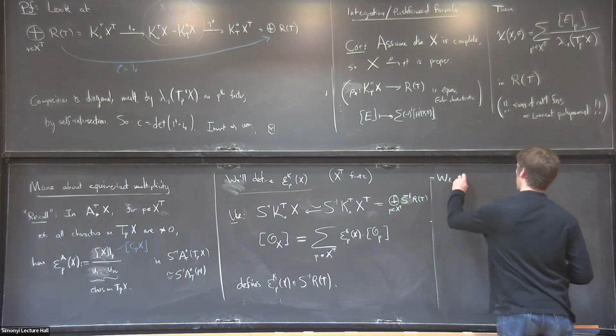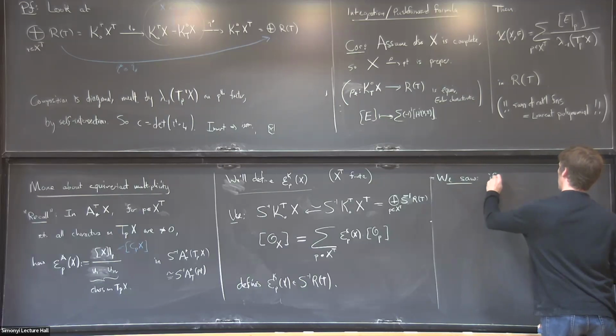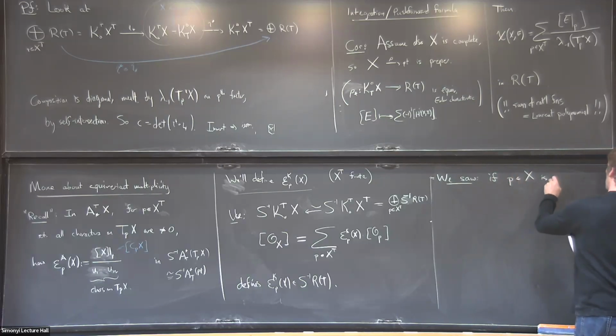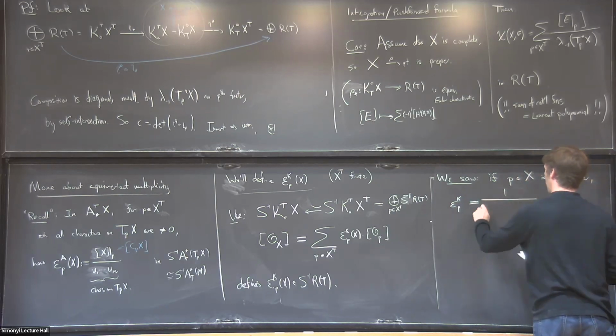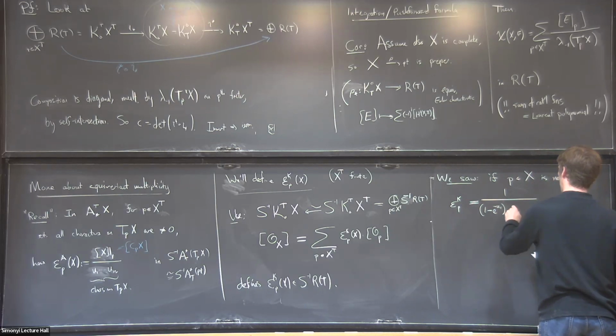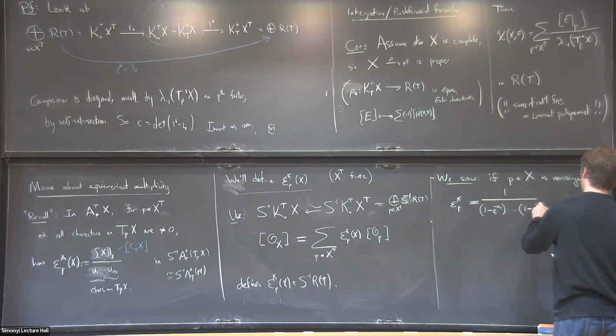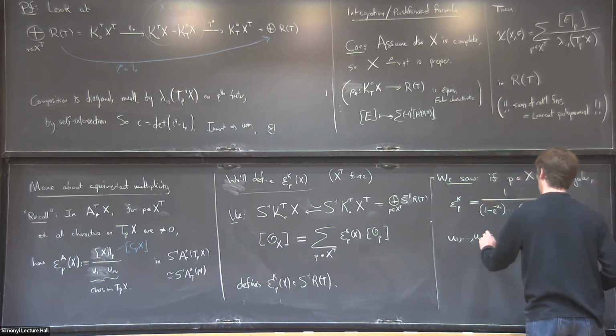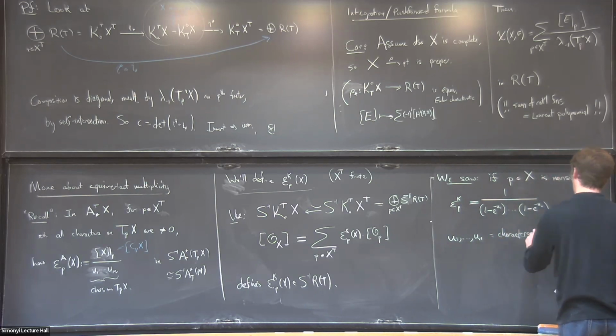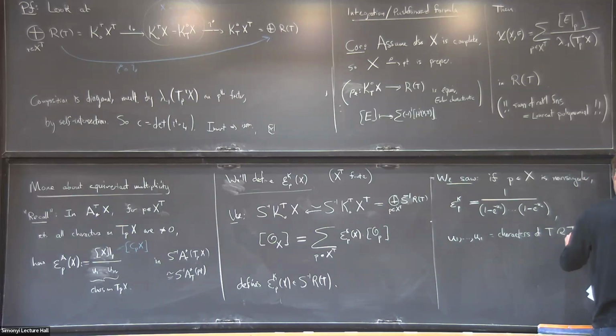Okay, we already saw that if P is a non-singular point, then this equivariant multiplicity has a simple description for the U's of the characters of T acting on the tangent space. So it's 1 over this Euler class.